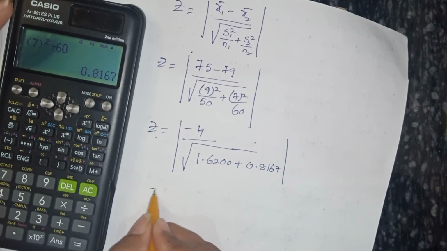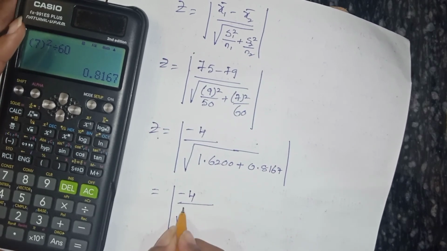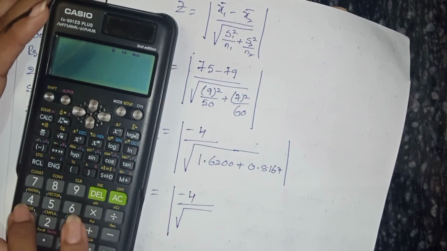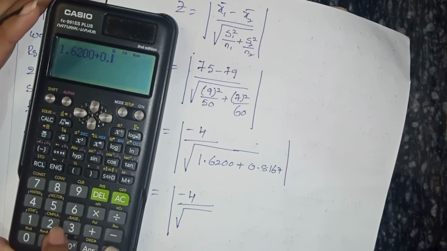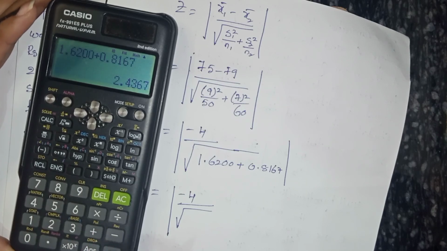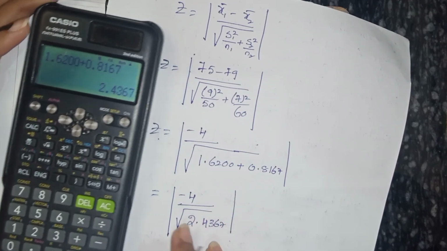Now we have to add these both: 1.6200 plus 0.8167 equals 2.4367.